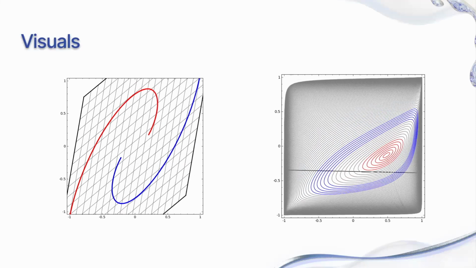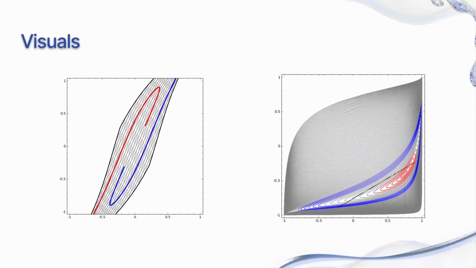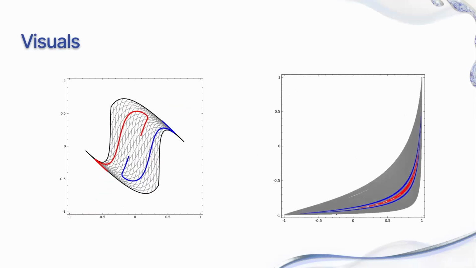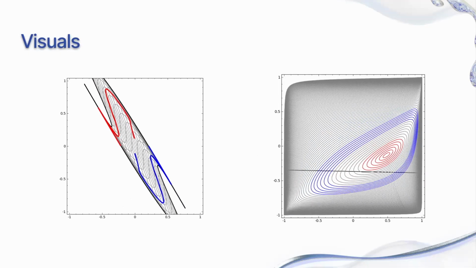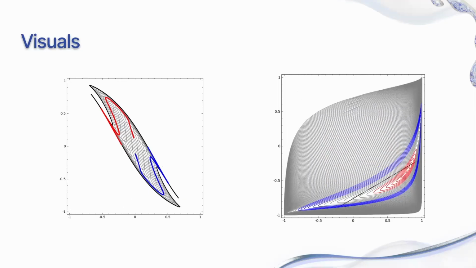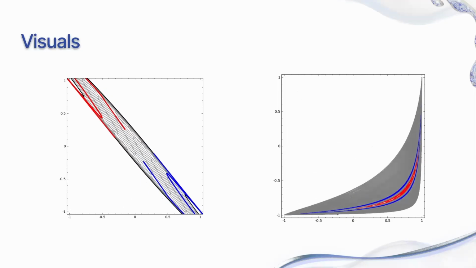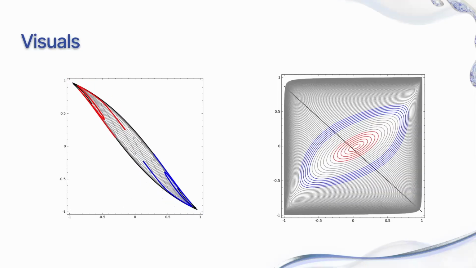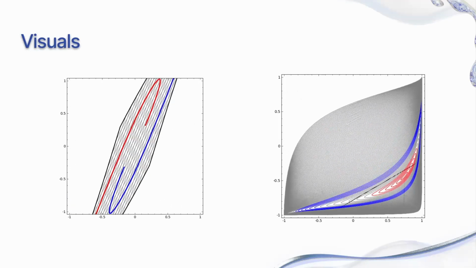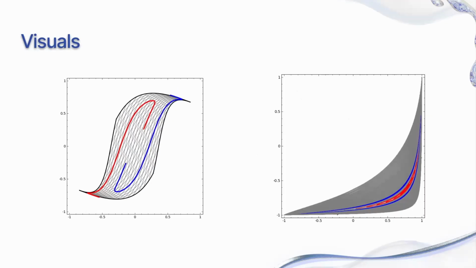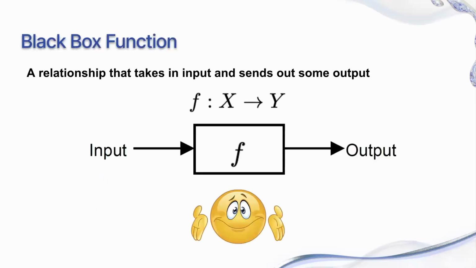Throughout this lecture, I'll be including a lot of visuals to show what's happening in the hidden layers of the neural network. Is this the correct way of thinking? Are you always able to see what's happening in the hidden layers? No. I think the right way to think about what's happening in a neural network is, I don't know, it just works.